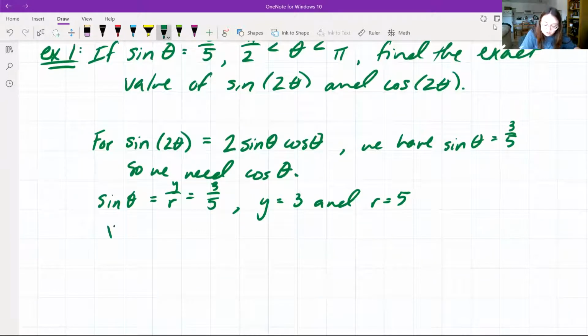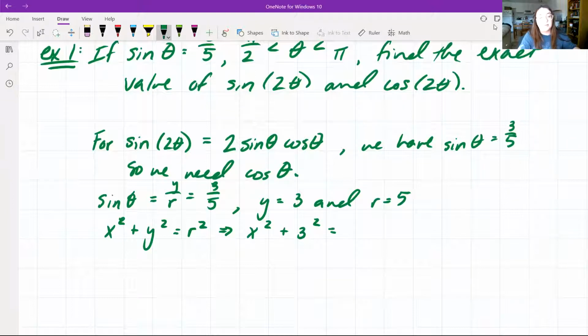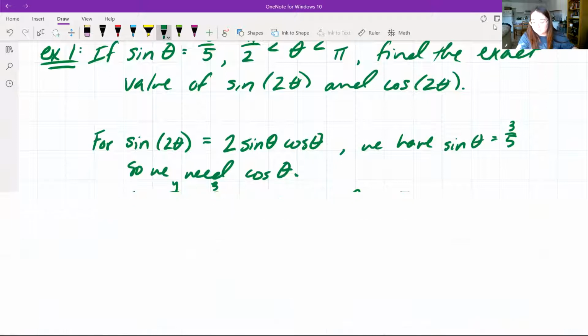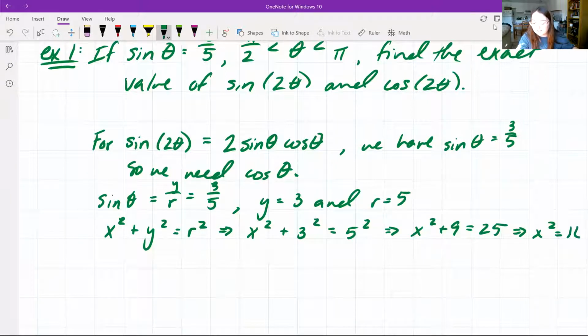So our equation for a circle, remember, was x squared plus y squared is equal to r squared, where in this case, we have y is 3, so we have x squared plus 3 squared is equal to 5 squared, which simplifies to x squared plus 9 is equal to 25. We subtract 9 from both sides. We get x squared is equal to 16.